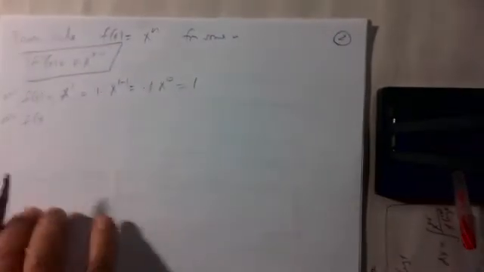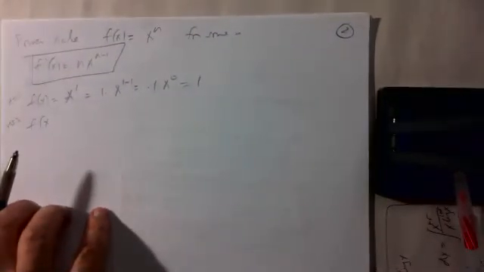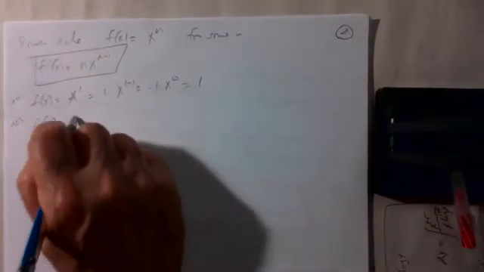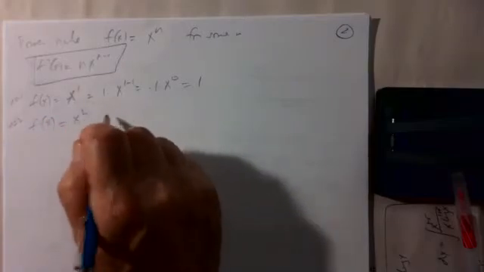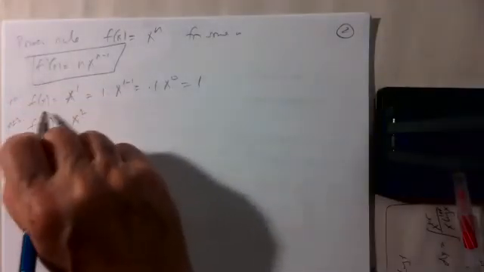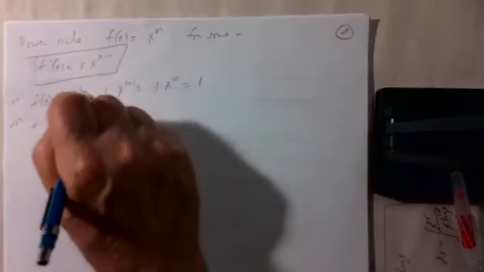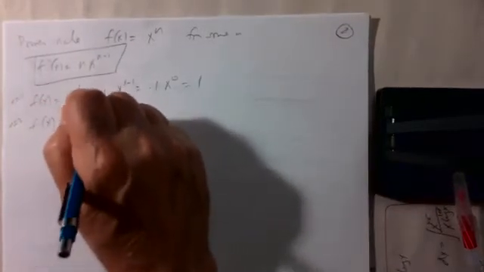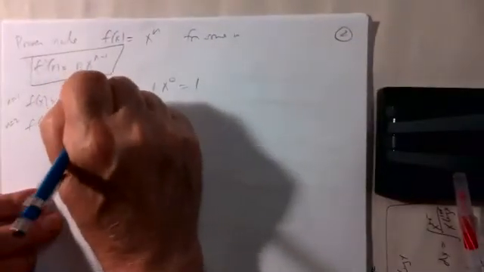In the case n equals 2, f of x is x squared. Oh, sorry. If f of x is x to the first power, I should say this implies f prime of x is 1 times x to the 1 minus 1.